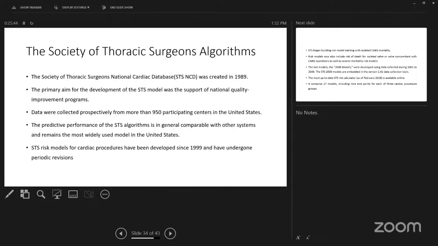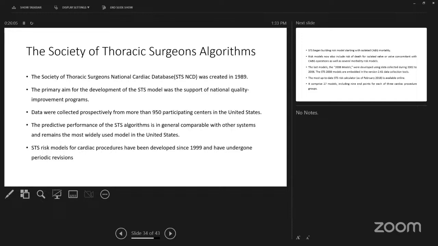The Society of Thoracic Surgeons National Cardiac Database was created in 1989. The primary aim of the models is to support the National Quality Improvement Program, and the data were collected prospectively from more than 950 participating centers in the United States.